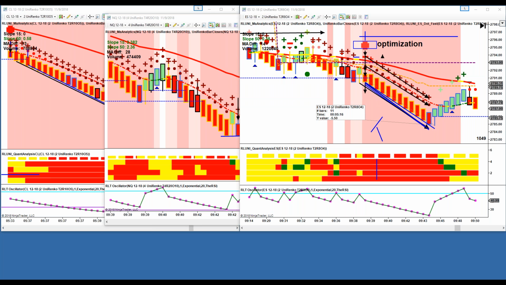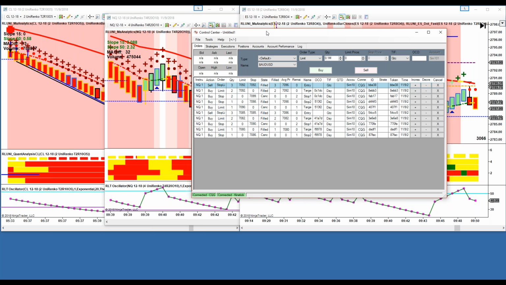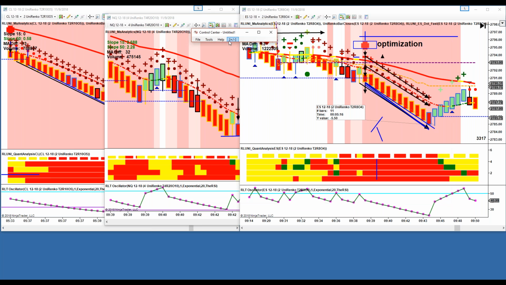That's all you need. I get CQG because I am on NinjaTrader, and I purchase Kinetic. You're not going to have to purchase Kinetic because you're going to get stocks from Thinkorswim if you hook up.